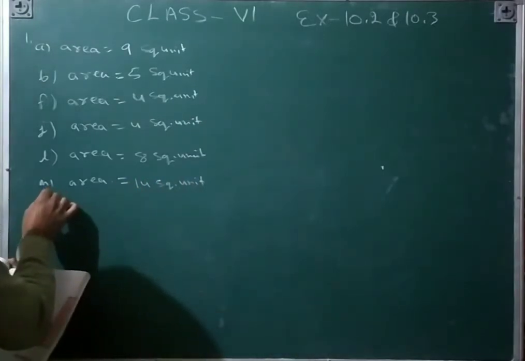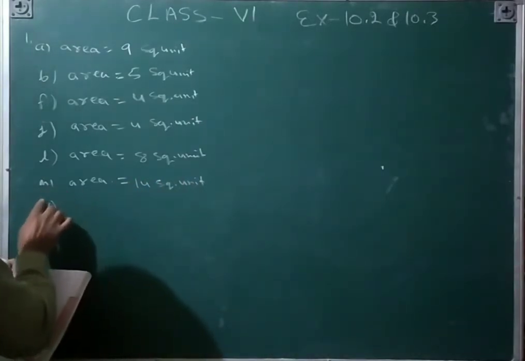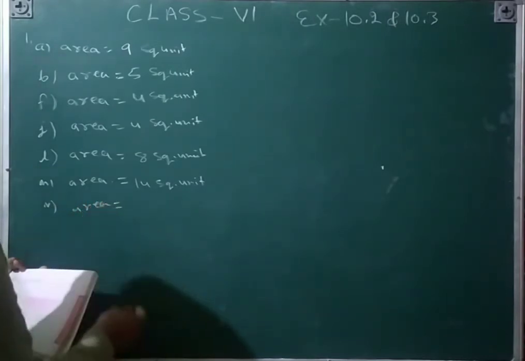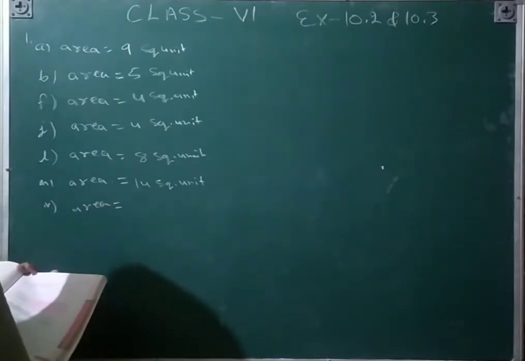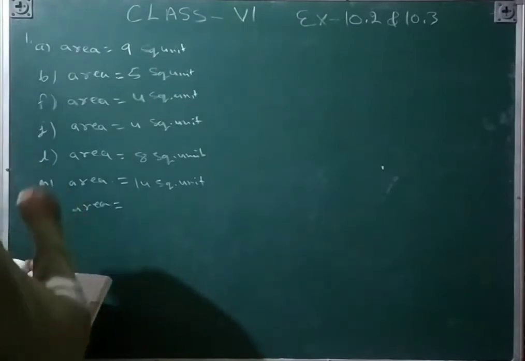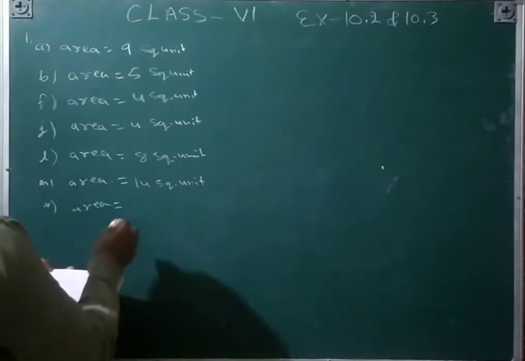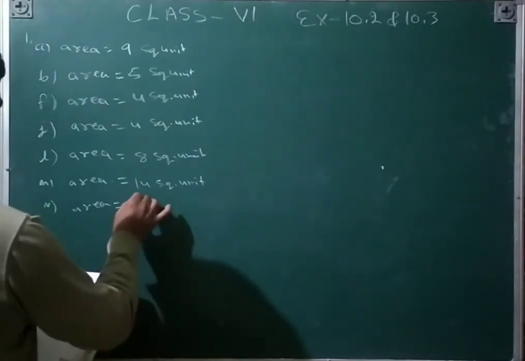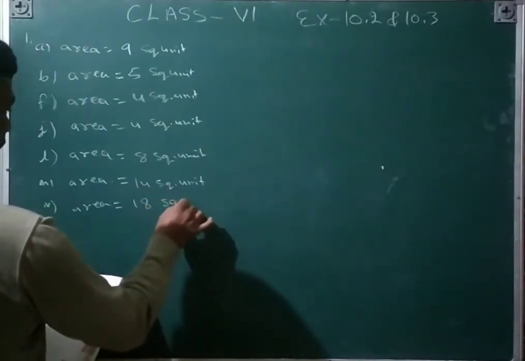And then N part, the area is equal to, by the counting, 1, 2, 3, 4, 5, 6, 7, 8, 9, 10, 11, 12. It means mostly are complete, and by the counting of half, 1/4, 2/3, that will be 18 square unit.